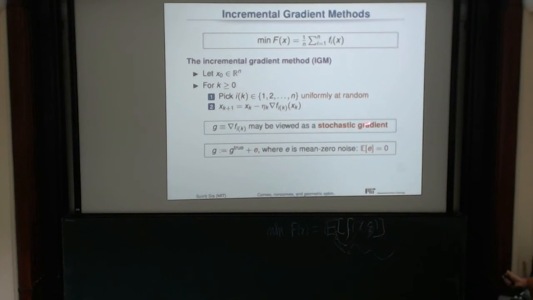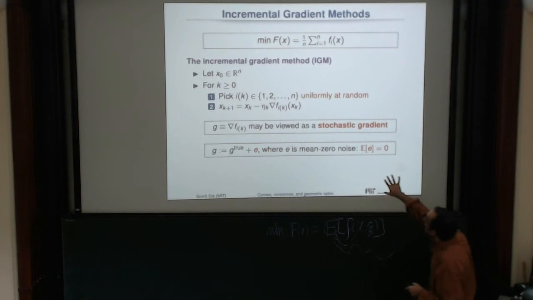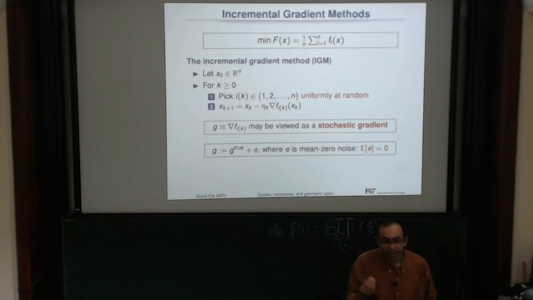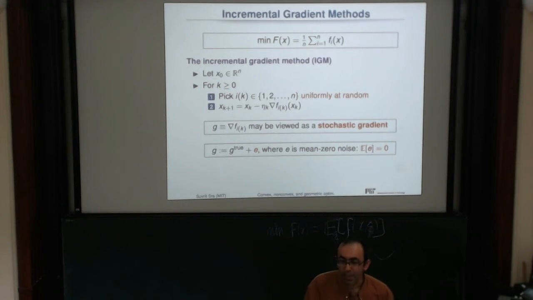So this can be viewed as stochastic gradient, of course, with probability supported on the discrete set of n items. And these methods can be viewed as running gradient descent, but with an error in the gradient. Stochastic gradient methods use an error which is unbiased, so that in expectation the error is 0.